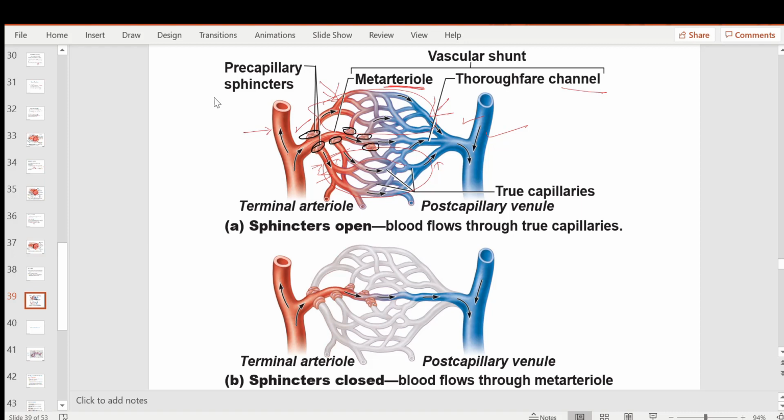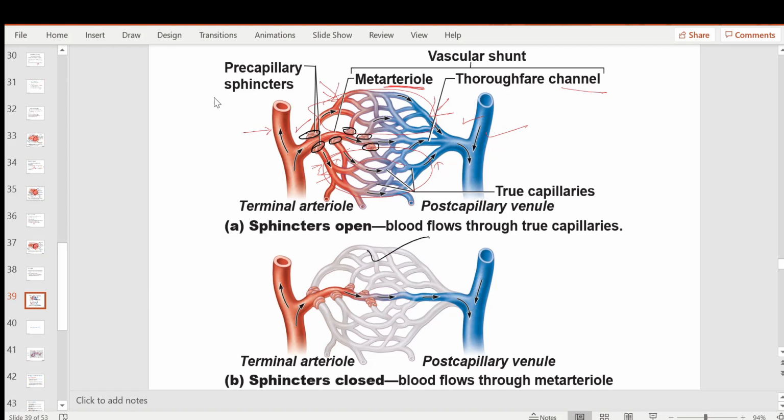And you know that sphincters can constrict or relax. So, when more blood should circulate in the capillary bed, the sphincters relax. So more blood enters into the capillary bed. When the sphincters constrict, then less blood or almost no blood enters into the capillary bed.